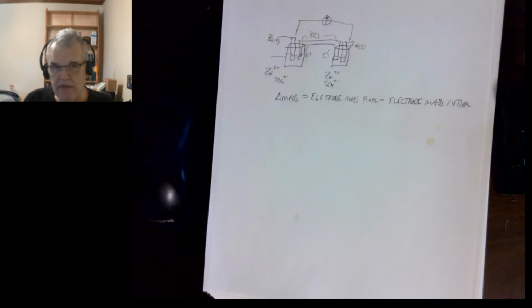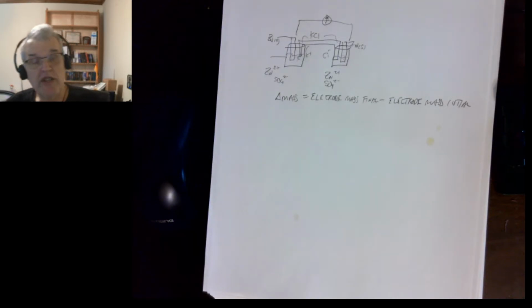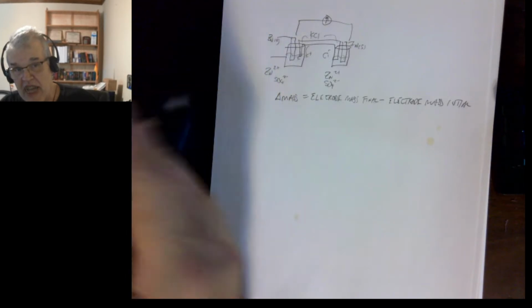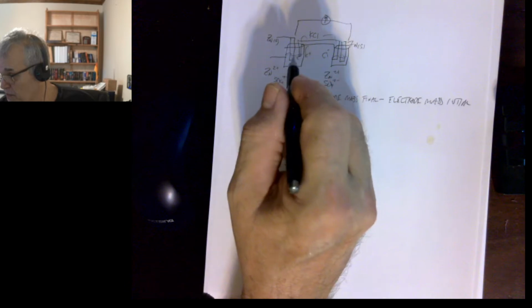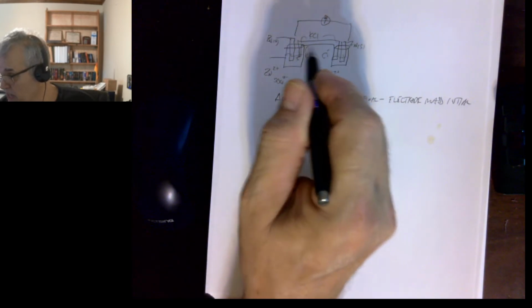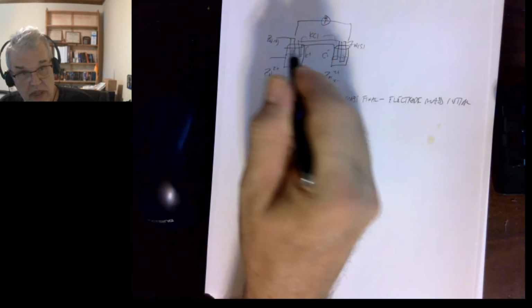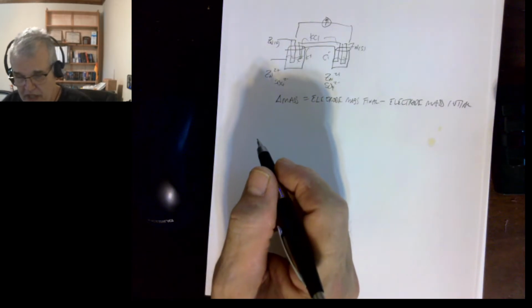It doesn't tell me the number of atoms that's changed. But of course, using the molar mass of zinc, I could figure out how many moles of zinc was plated to this one and was removed from this one, right? From that mass, I could figure out the number of moles.